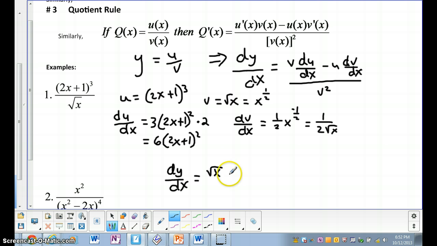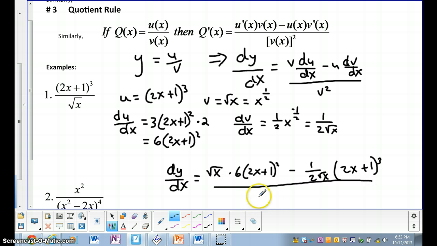So our v is the square root of x times 6 times the 2x plus 1 squared, which is our derivative of u, minus our u times our derivative of v, all over v squared. In this case, our v is the square root of x, so if we square the square root of x, we're going to get x.